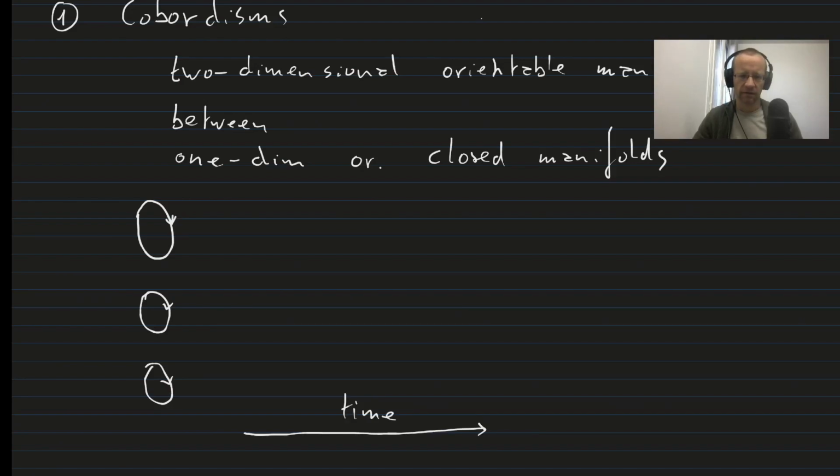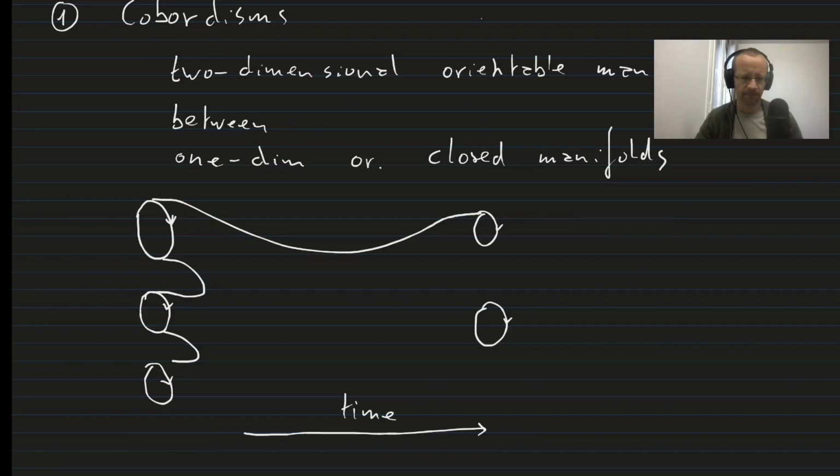And we'll have something that interpolates between two of these guys. So we have a bunch of circles on the left and a bunch of circles on the right. Now we have a manifold that interpolates between these two. All those manifolds will look like this, where these two-dimensional manifolds can have holes in them.